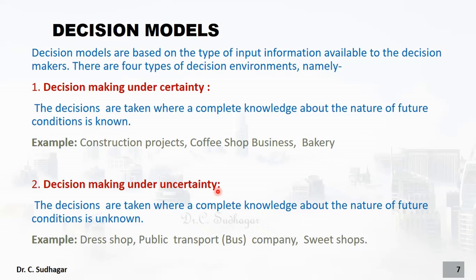Based on the nature of the future, the sales is affected, that is, the payoff or the profit is affected. If you know the information, then it comes under certainty. If you don't know the information, most of the time these businesses are unknown to us, therefore the future condition is not known to us, so it comes under decision making under uncertainty.